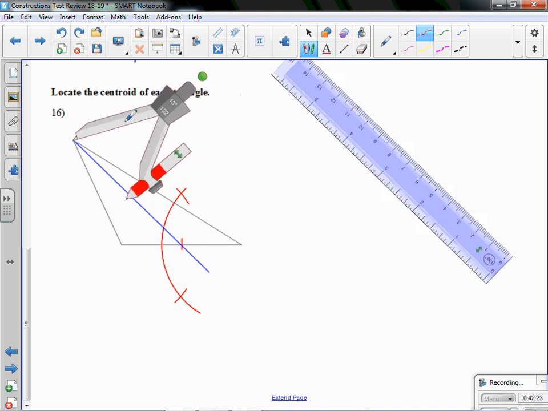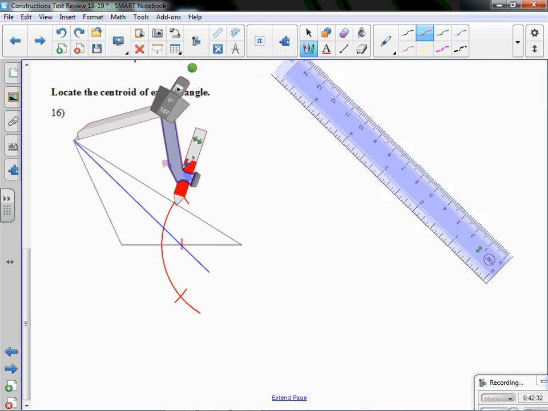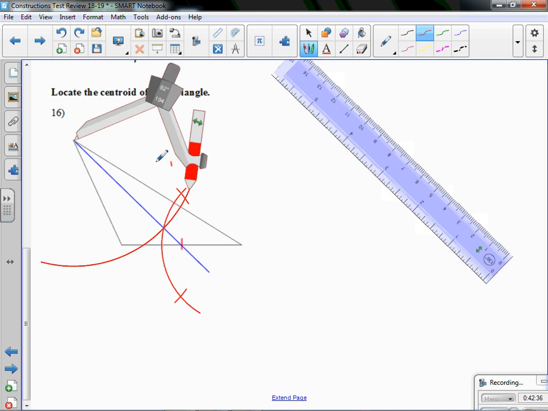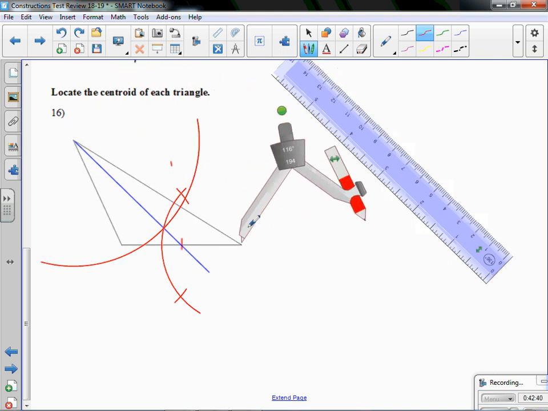Put my compass at the vertex. Open up more than half the distance. And then make an arc. Go to the other endpoint of that segment.